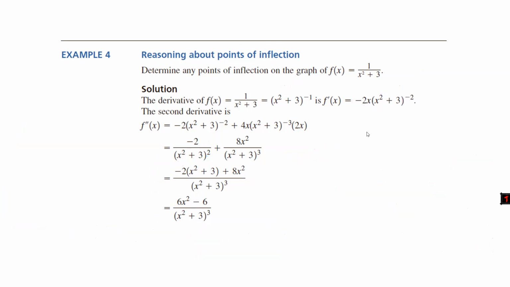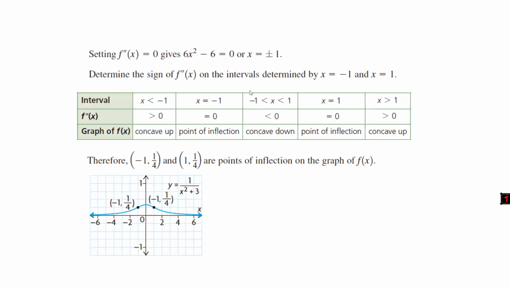So why were we doing that? To find any point of inflection. And once we got the second derivative, what are we doing to find the inflection points? We're going to find the critical numbers for the zeros. We can find those numbers from the second derivative by solving second derivative equals 0.